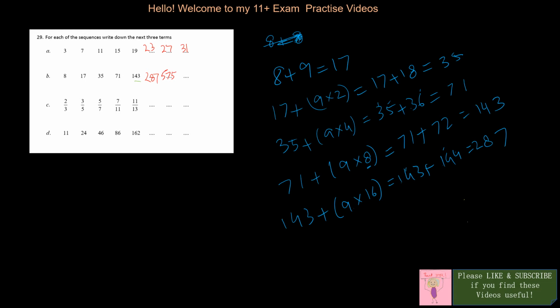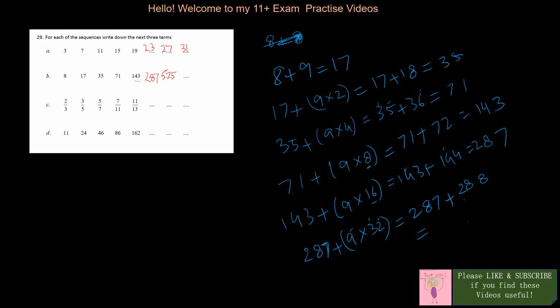So the next one is 287 plus 9 times, we got to double the 16, so we get 32, and that is 287 plus 288.